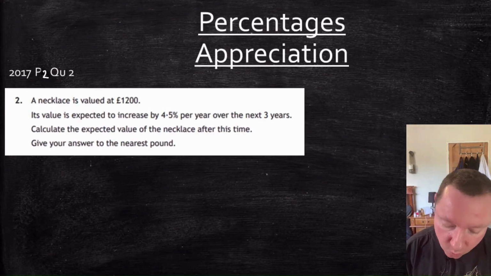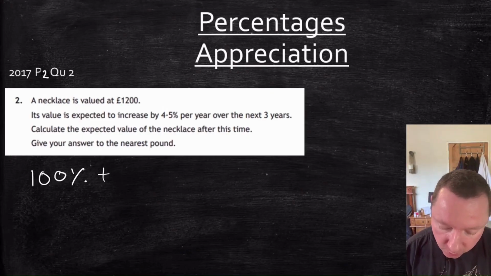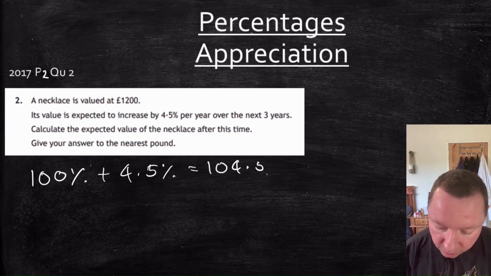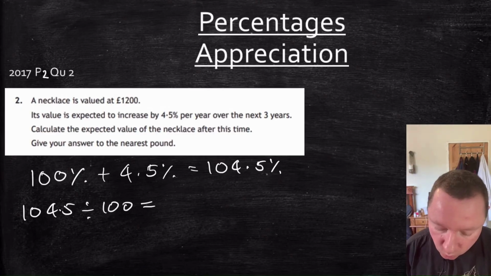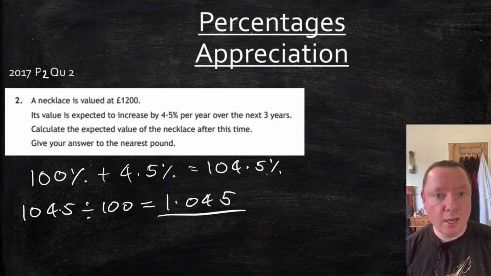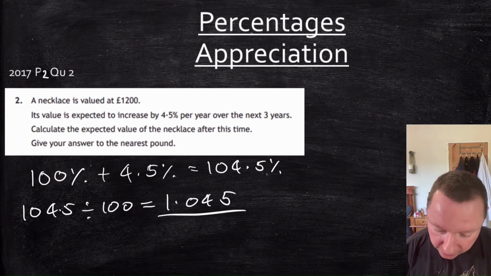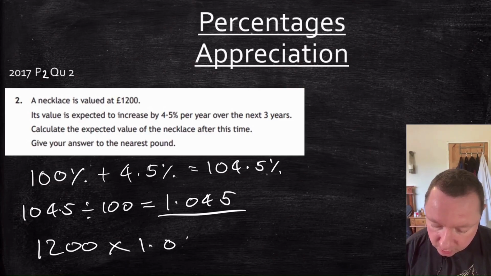So let's start the same way. Our multiplier, 100% plus 4.5%. That's 104.5%. Change that to a decimal by dividing by 100. And this time I won't use a calculator. It's 1.045. There's our key number. Use a calculator just to be sure. So then we take the money, 1,200, times the multiplier to the power of the time, which is 3.